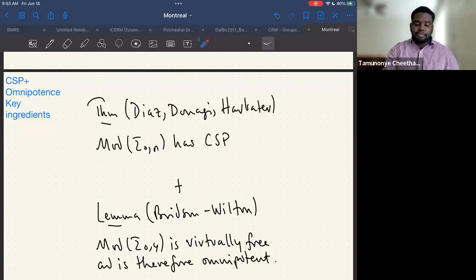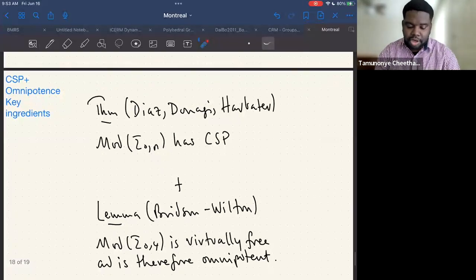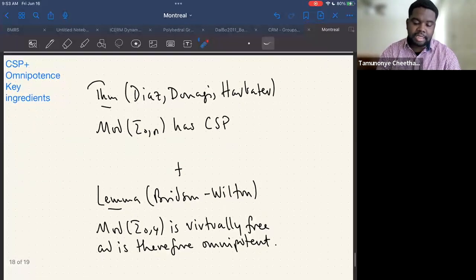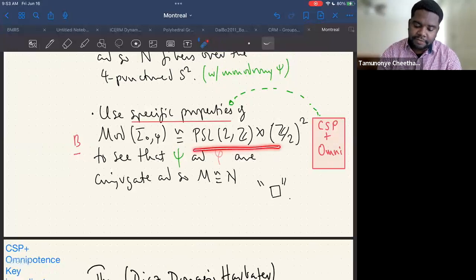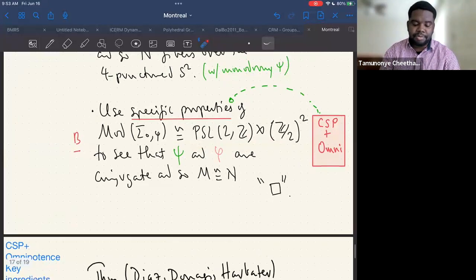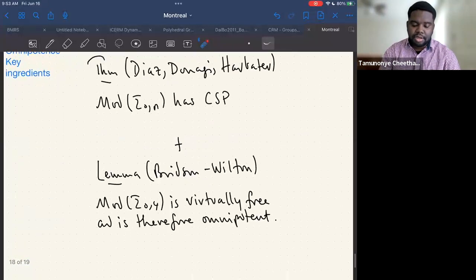And for omnipotence, this comes from the fact that this is virtually free, and Wilton proved that virtually free groups are omnipotent, right?